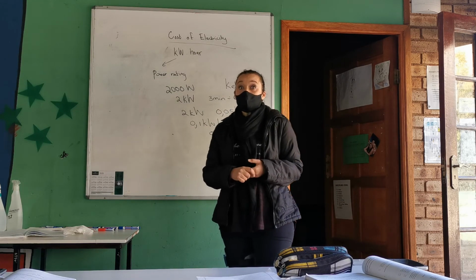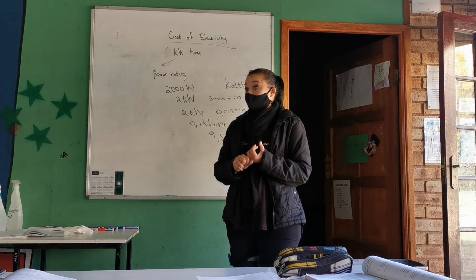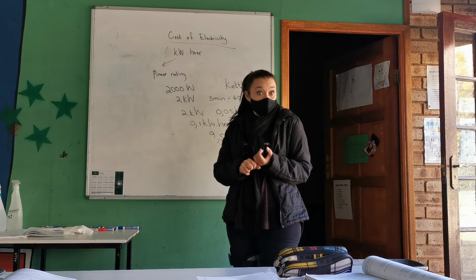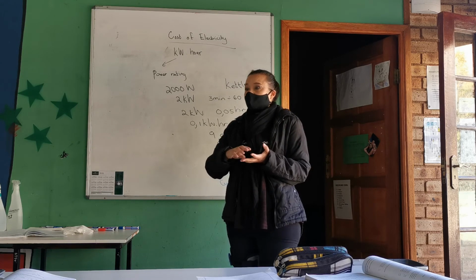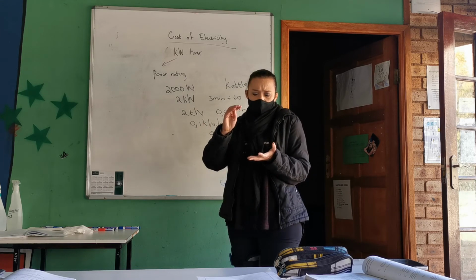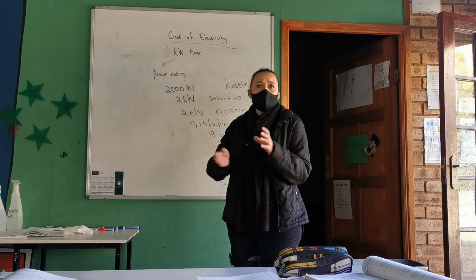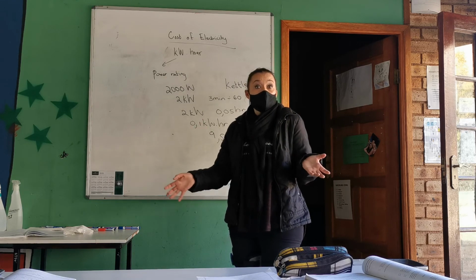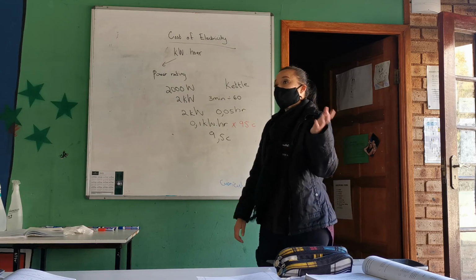Then there are appliances that run 24 hours a day, like our fridge. Our geysers, the other appliances in our home, and if we have a pool, there's a pool pump. You use the toaster, you put the lights on, all of those things require electricity, and then Eskom gives you a bill overall. So that's how it's calculated.